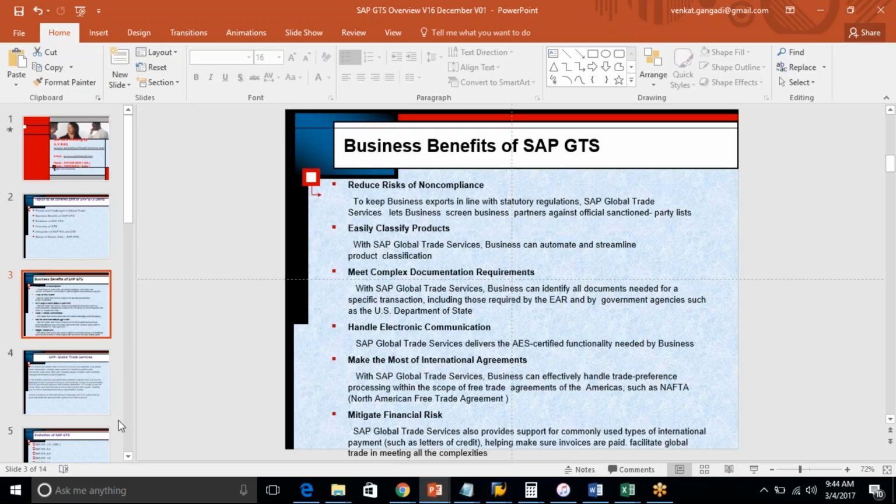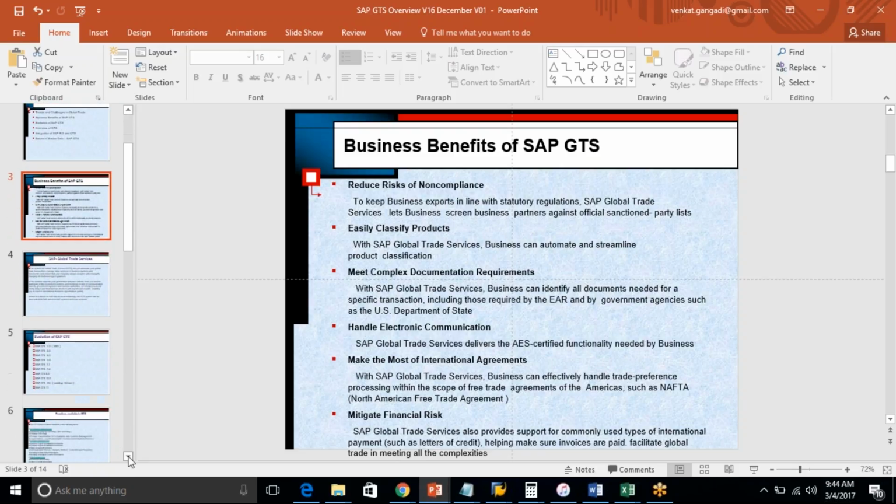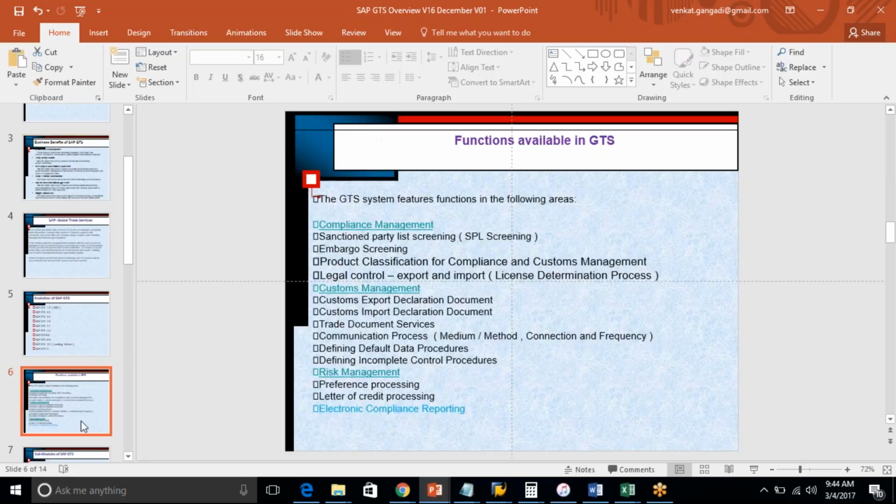In today's session, I'm going to explain the overview of the SAP GTS module.